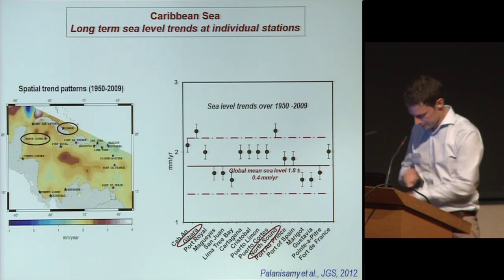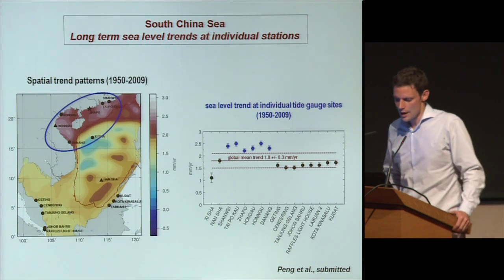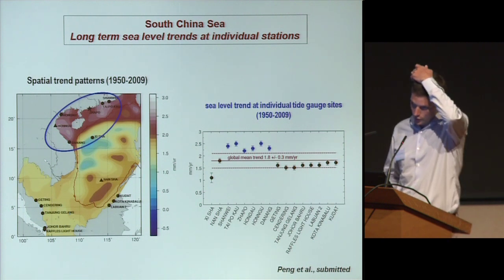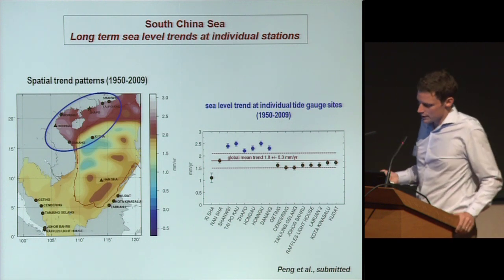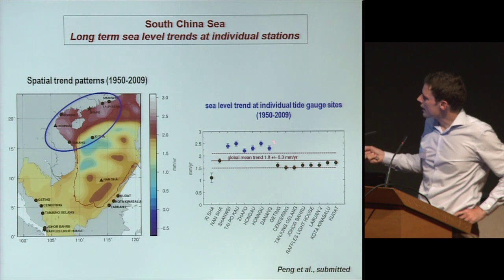Gibraltar and North Sound. For the South China Sea, we did the same study. In the case of the South China Sea, we couldn't find GPS measurements because they are not available, as the Chinese authorities wouldn't release their GPS measurements. But what is interesting in the case of the China Sea is that we found that different places on the southern China coast and the western Vietnam coast have experienced a climate-related sea level rise which is significantly higher than the global mean sea level rise over the last 6 decades.